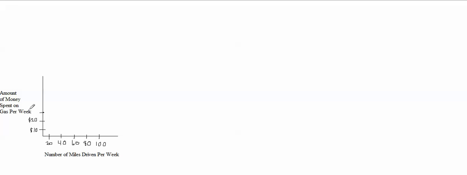I'm really just going to make up some numbers. The main point that we're trying to make is just what the shape will look like in the scatter plot.